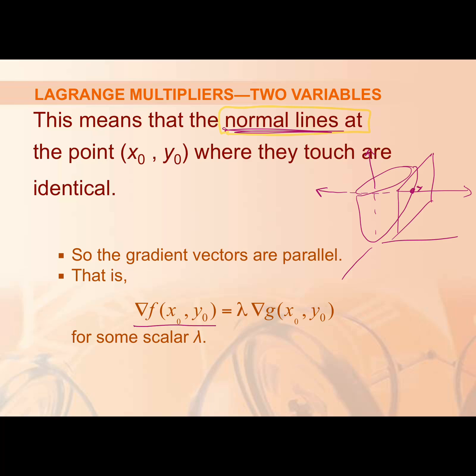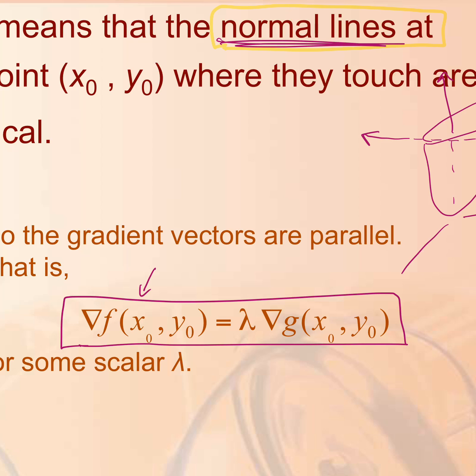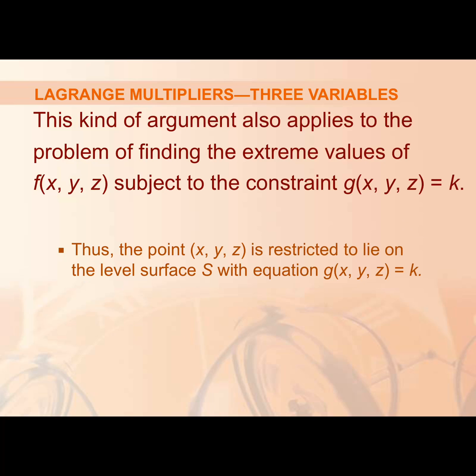So we've got this equation right here. If the gradient of f at that point is parallel to the gradient of g, that means this vector has to be equal to some constant times this vector. That's a way to say that these vectors have the same direction, that one is a scalar multiple of the other.